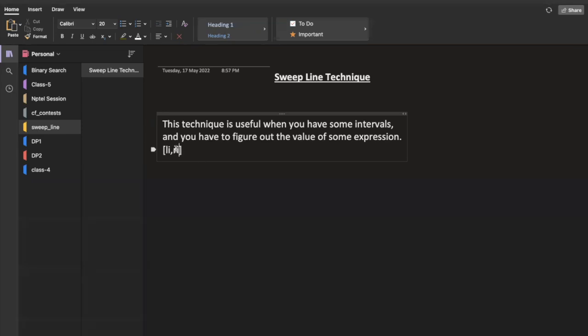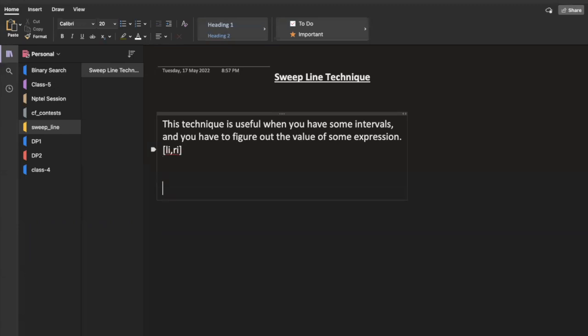We have n points of this type. Every point is a combination of a starting point and an ending point, meaning an interval starts at x equals li, for example, and ends at x equals ri. We'll be given n intervals of this type, and somehow we have to figure out the value of some expression which varies from problem to problem. That's our goal.